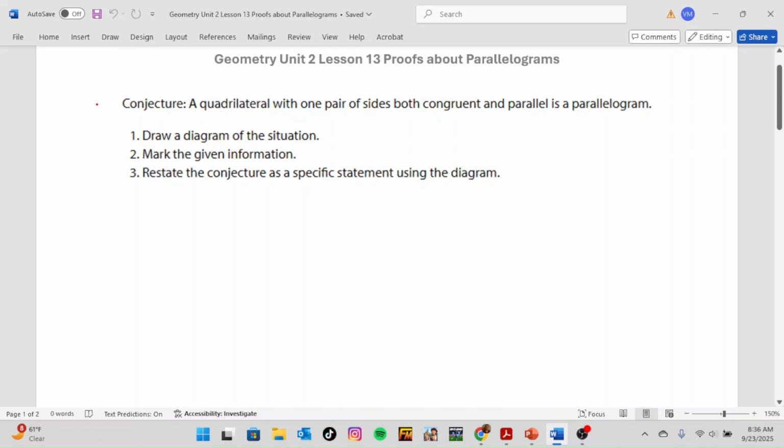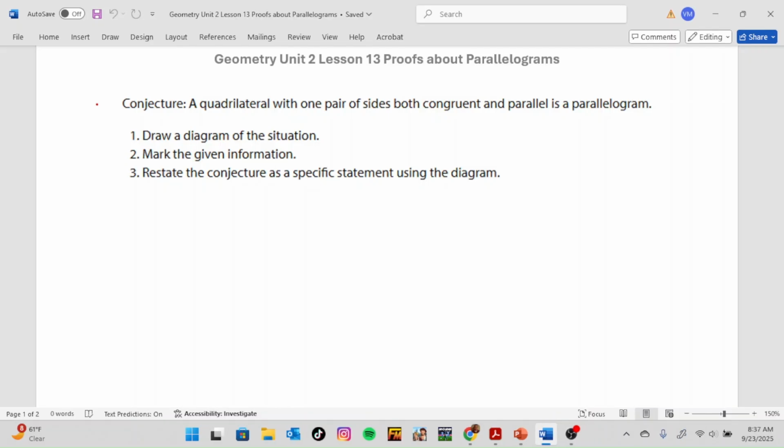Practice problem number 1 says that conjecture a quadrilateral with one pair of sides, both congruent and parallel, is a parallelogram. The first thing they want us to do is draw a diagram of the situation and mark the given information.